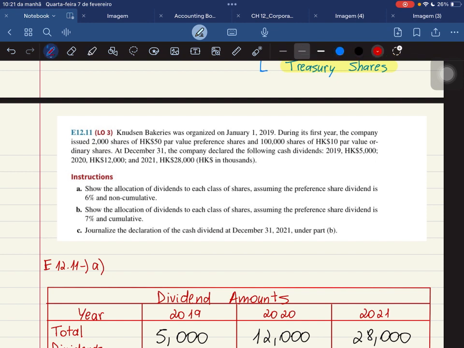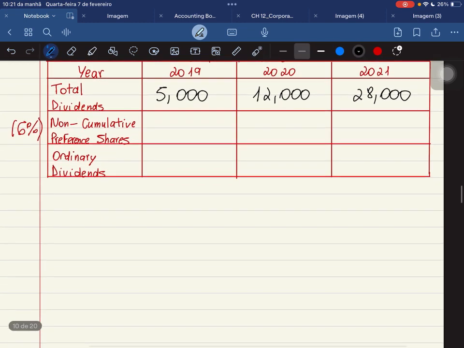So I'm just going to go ahead and cross it over here because we don't need it. What we needed is this over here. So over here we're going to have 2,000 times that par value. That is going to give me 100,000 actually.